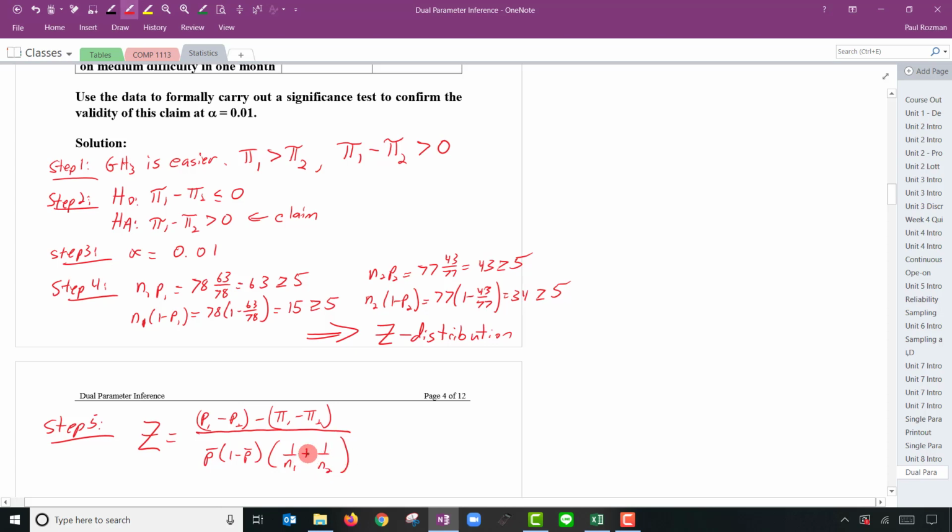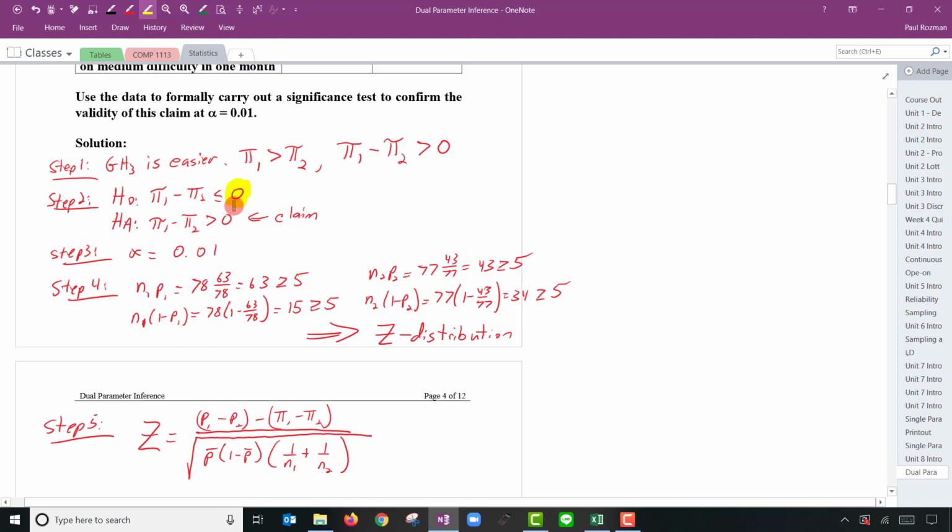Notice I used the p bar formula for this one because my null hypothesis had the number 0 here.